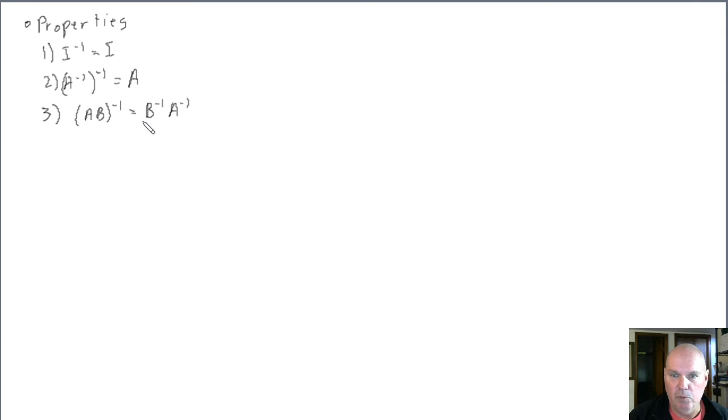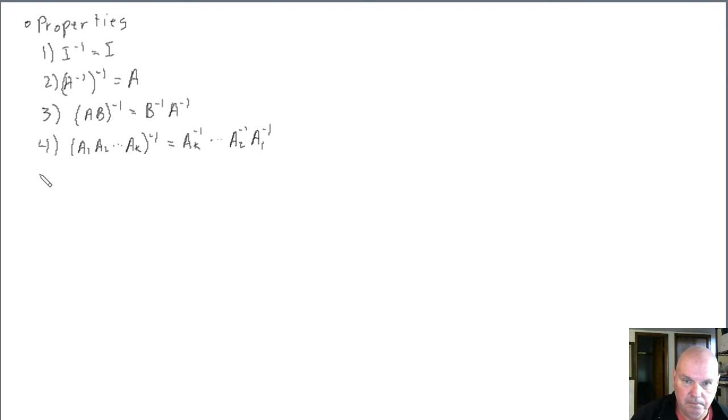The transpose of a product was equal to the product of the transposes in reverse order. And more generally, the inverse of A1 times A2 times dot dot dot AK is equal to the product of the inverses in reverse order.